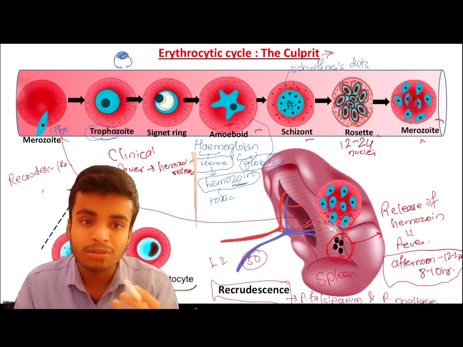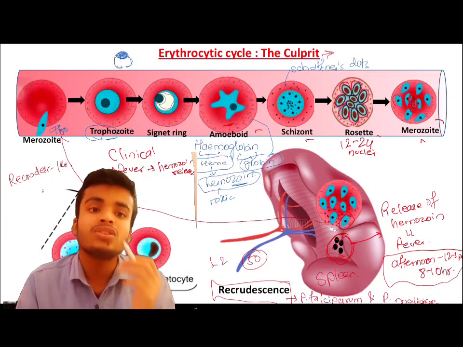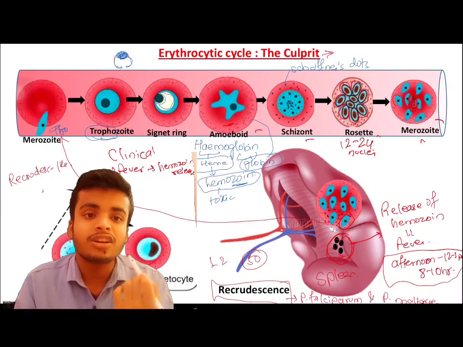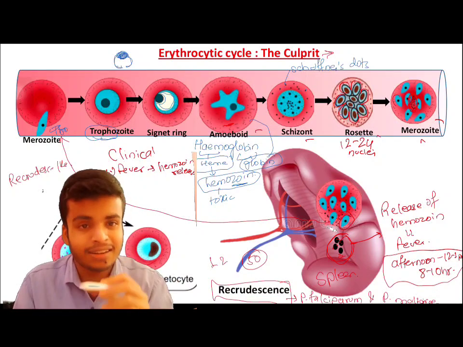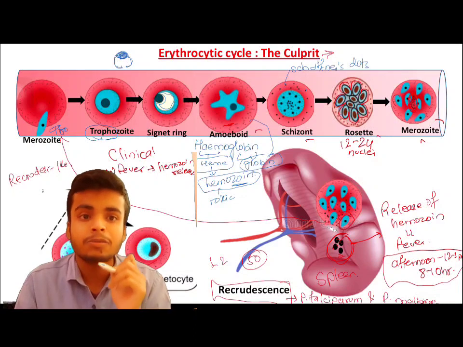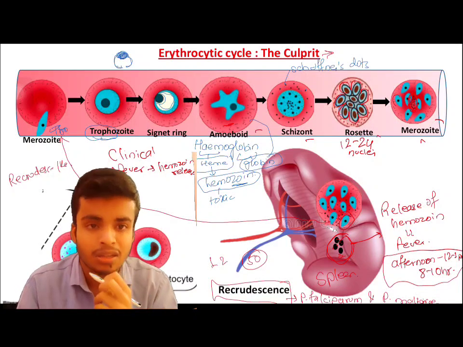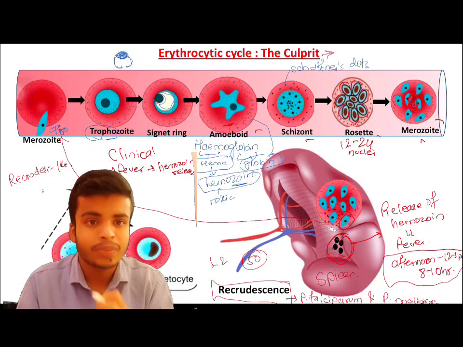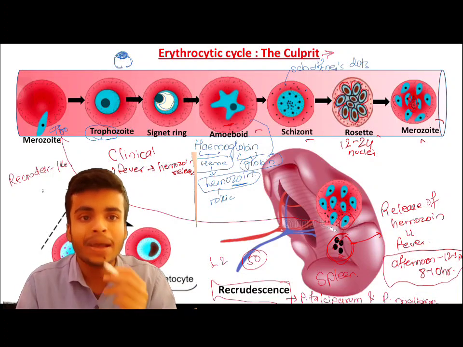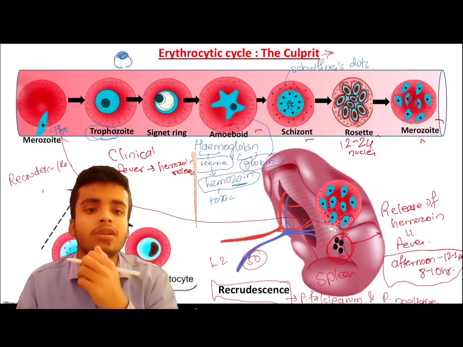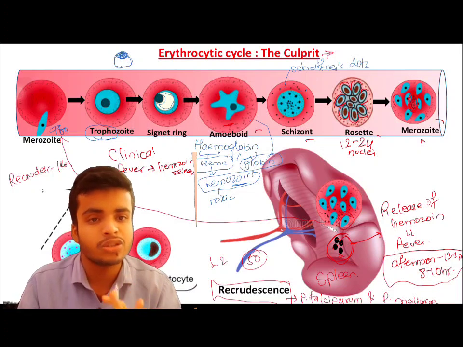You can prevent relapse by giving such medications which act on the passive dormant forms in the liver, the liver parasites. But you can prevent recrudescence by giving the complete regimen. If you complete the regimen, you will not find recrudescence again.